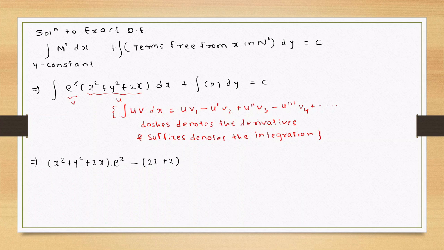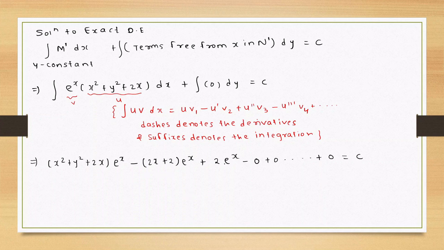V2 means the integration of v1, so it is e raised to x. Now plus u double dash, that means the derivative of 2x plus 2, which is 2 only. And v3, the integration of e raised to x, is e raised to x, minus 0 plus 0 and so on, plus integration of 0 is 0, is equal to c.